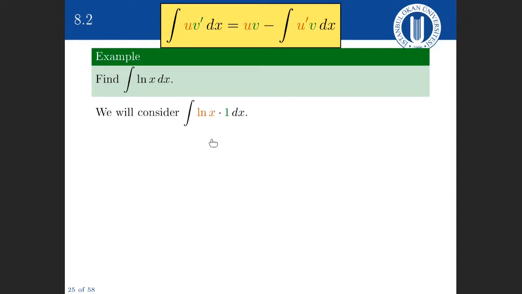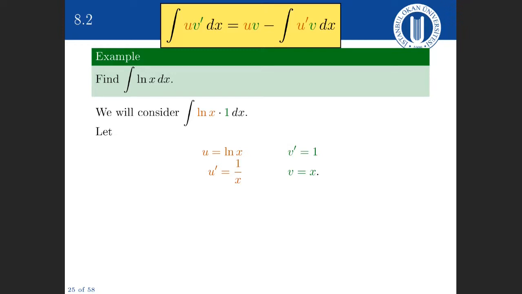We know how to differentiate the natural logarithm of x, so this is going to be our orange function, and then 1 will be the green function. So we're going to write u is ln x and v prime is equal to 1. We need to differentiate ln x to get 1 over x, and we need an antiderivative of 1. We'll take v is equal to x.